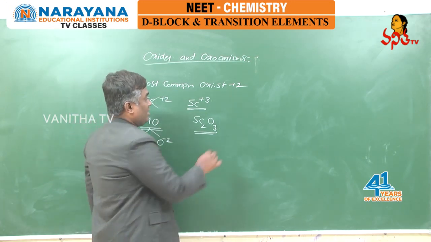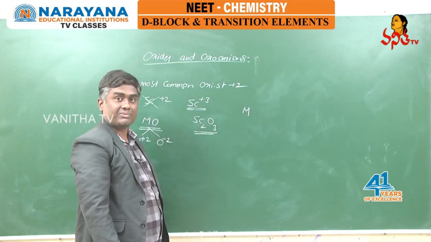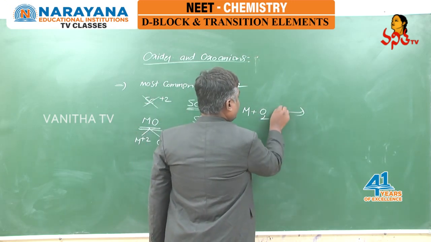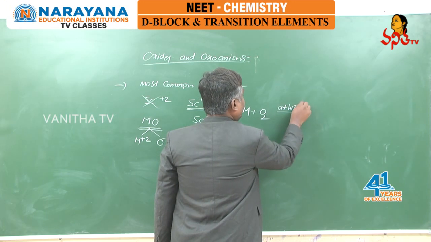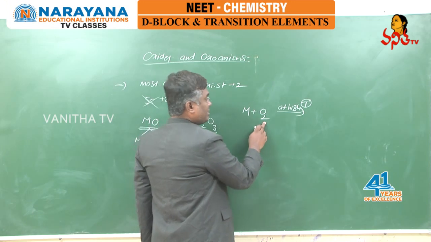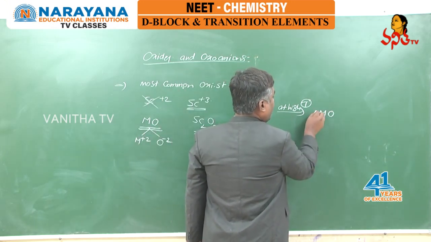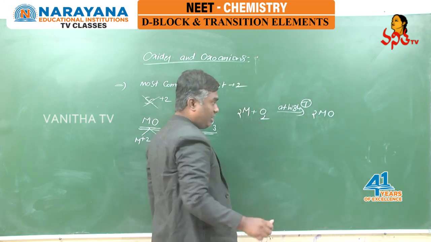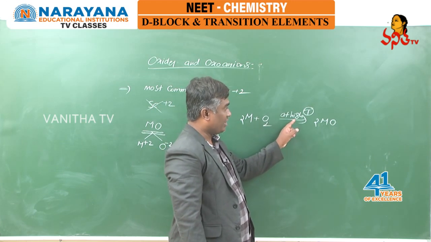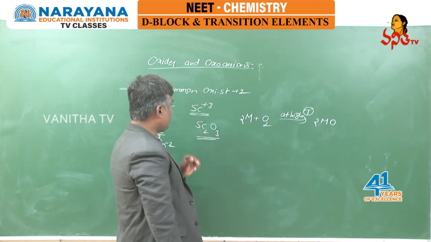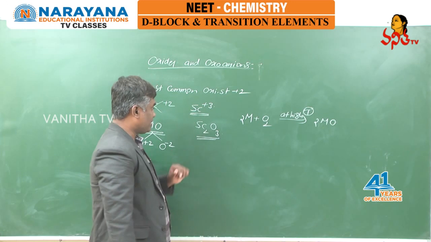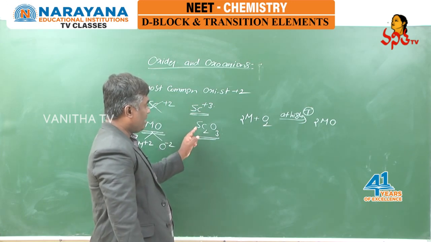And if you see, I am writing here M. M stands for transition metal, and these transition metals are reacting with oxygen at high temperature and forming oxides with the formula MO. Here scandium cannot form oxide with the formula MO because it is exhibiting +3, and it is forming oxide with the formula Sc2O3.